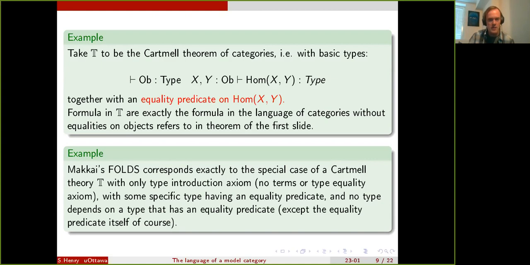On top of that, you choose some specific types and give them an equality predicate, but you cannot have a type that depends on a type that has an equality predicate, except the equality predicate itself, of course, because it depends on the type. The types that have an equality predicate have to be at the top of the dependency hierarchy of types. If you've never heard about first order logic with dependent sorts, that's not a very important remark, but that's exactly what the framework of Makkai is.